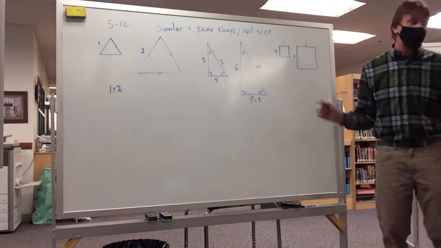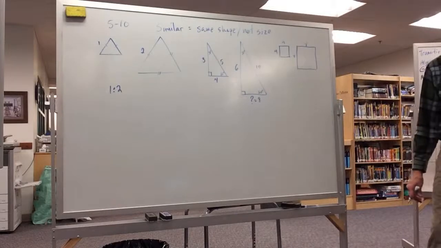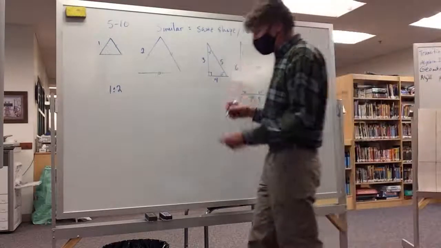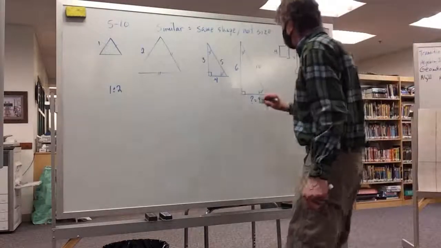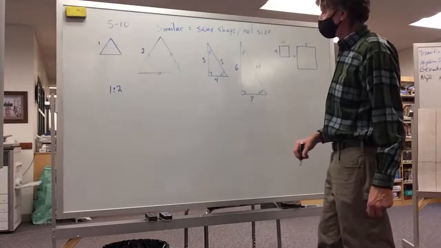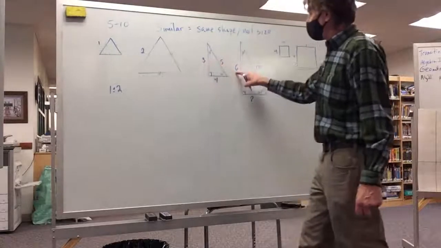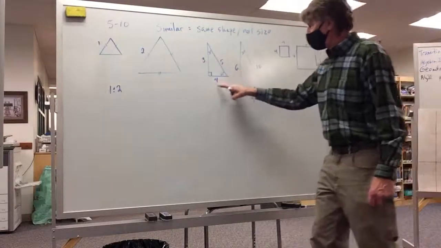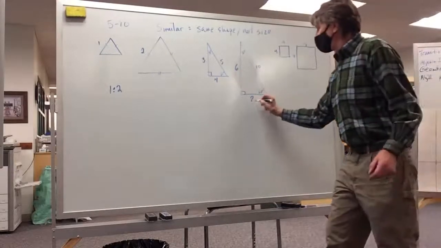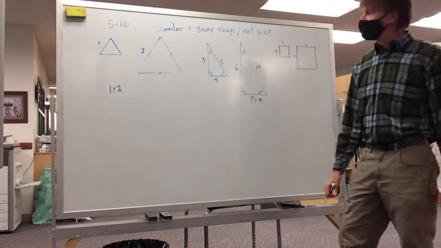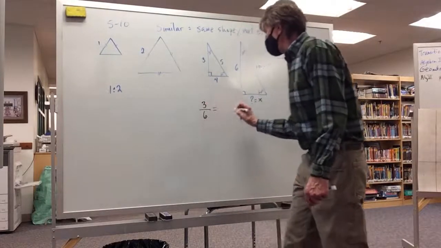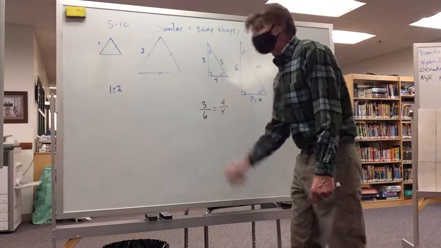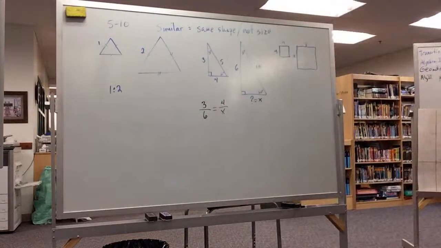So how do we set that up mathematically to solve more complicated problems? With this situation here, let's look at what we had. We didn't know that this was 8. But we knew that 3 compared to 6 is like 4 compared to some unknown number. So if 3 is to 6 as 4 is to x, we can use what we did in the last lesson with proportions to solve this.